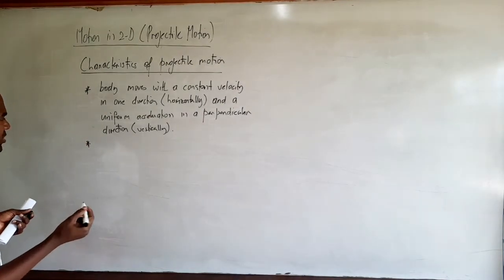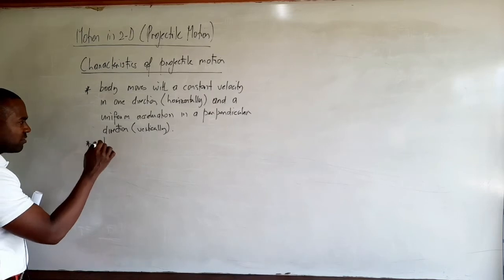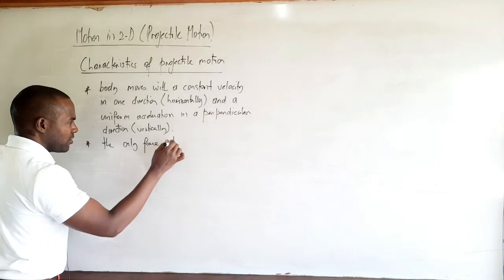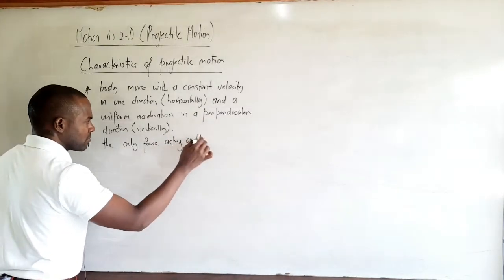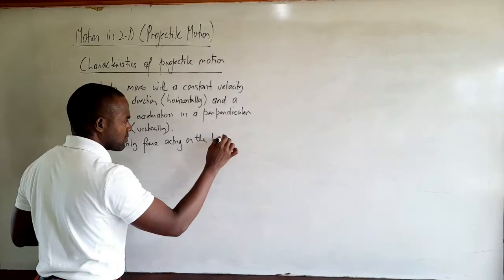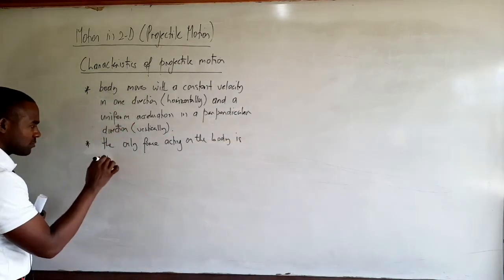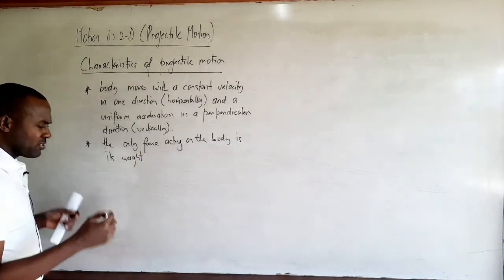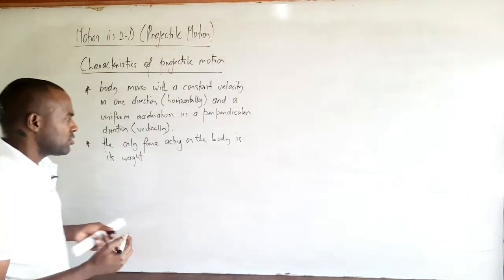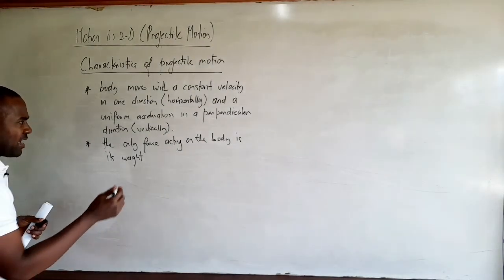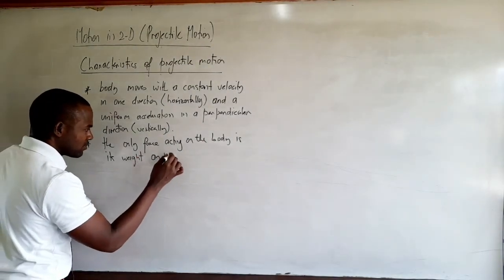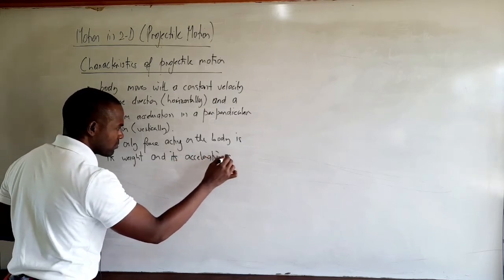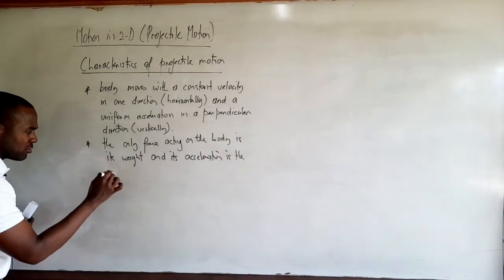So with projectile motion, the only force acting on the body is its weight, right? And of course, you know that the body's weight acts vertically downwards, so the only force acting on the body is its weight, and its acceleration is the acceleration due to gravity.